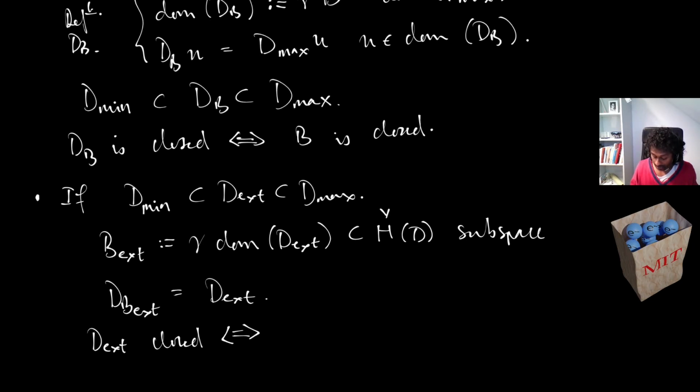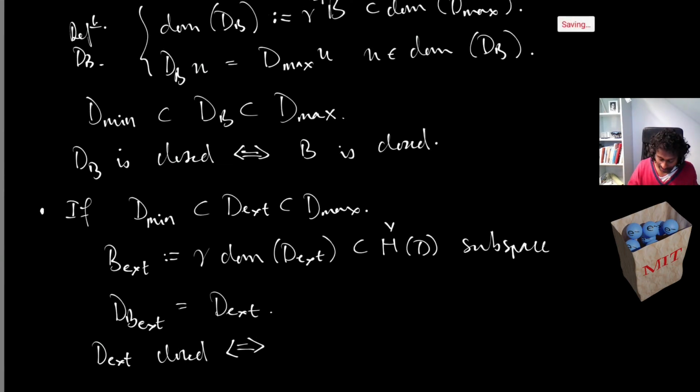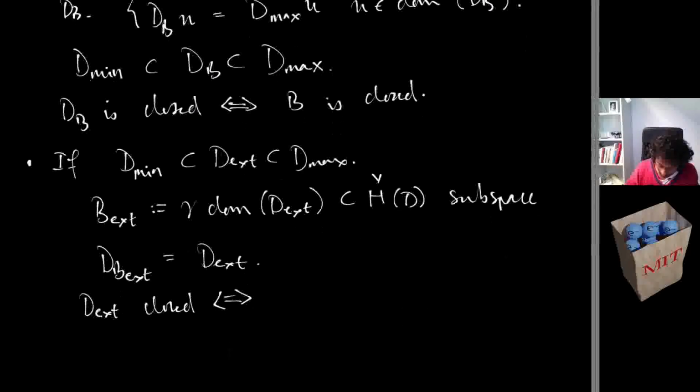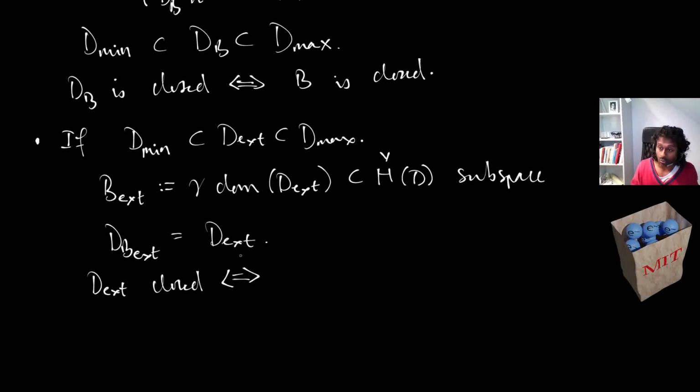We know that gamma can act on all of D max, so in particular it can act on Dx. And then we get some subspace sitting in the check space. Now I look at dBx, the operator induced by this subspace, as given in the previous step, where you set B equal to Bx, and the claim is that dBx and Dx are equal, and that follows from the fourth point of the proposition.